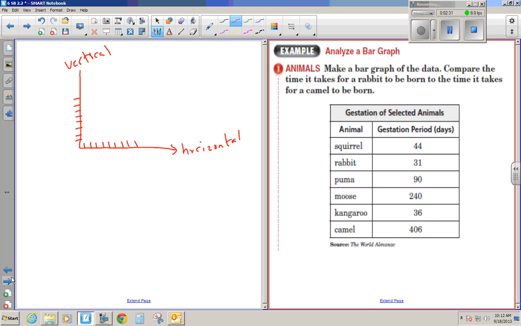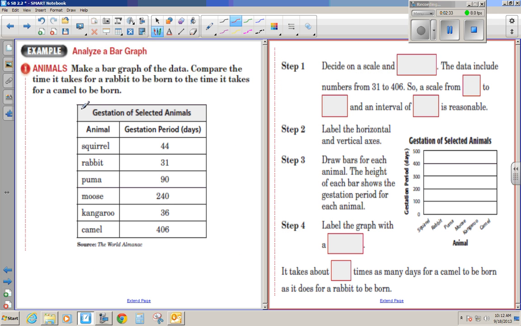So, make a bar graph of the data. Compare the time it takes for a rabbit to be born to the time it takes for a camel to be born. So, step 1, decide on a scale and interval.